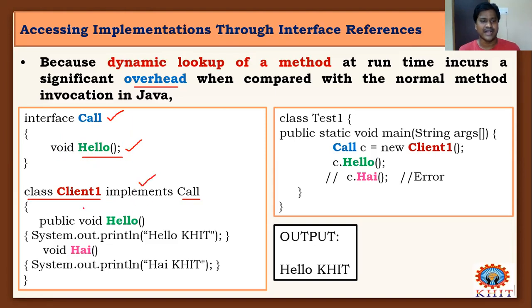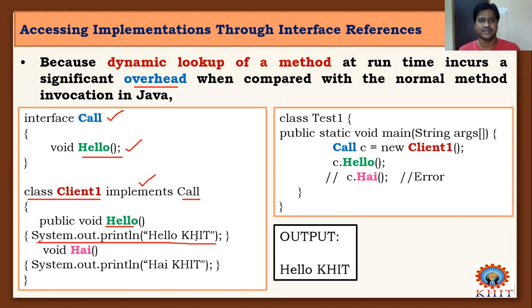When Client1 implements this interface, the condition is that the method defined inside the interface should be implemented in the Client1 class with its own implementation. So the hello method is defined in the Client1 class with its own implementation, displaying using a System.out.println statement, hello.